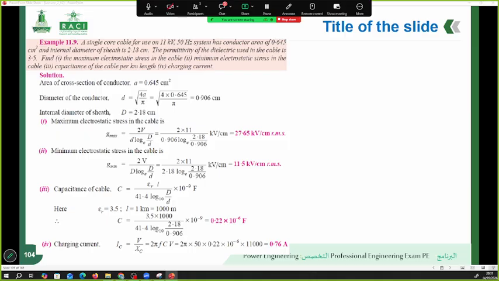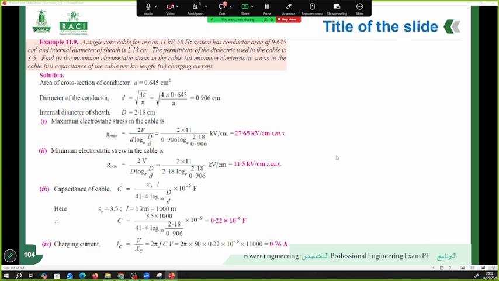Using these dimensions, the maximum electrostatic stress is determined at the conductor surface, yielding a value of about 27.65 kilovolt per centimeter RMS, which represents the highest electric field intensity within the insulation.